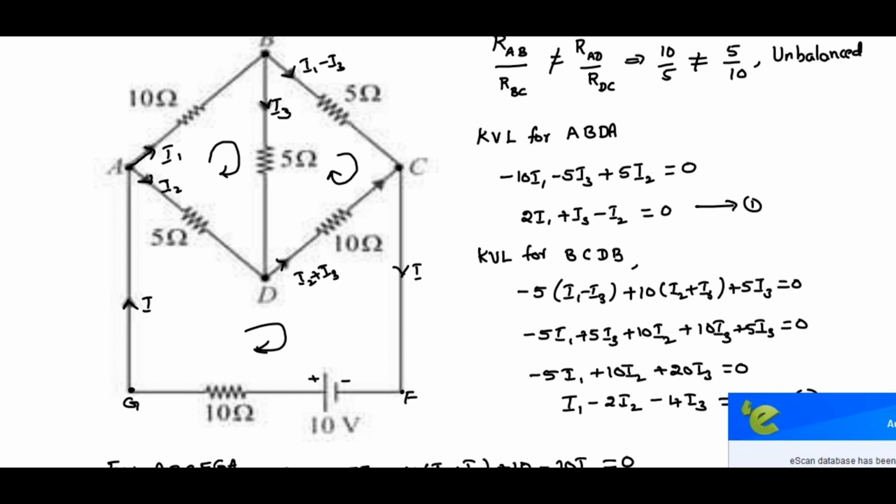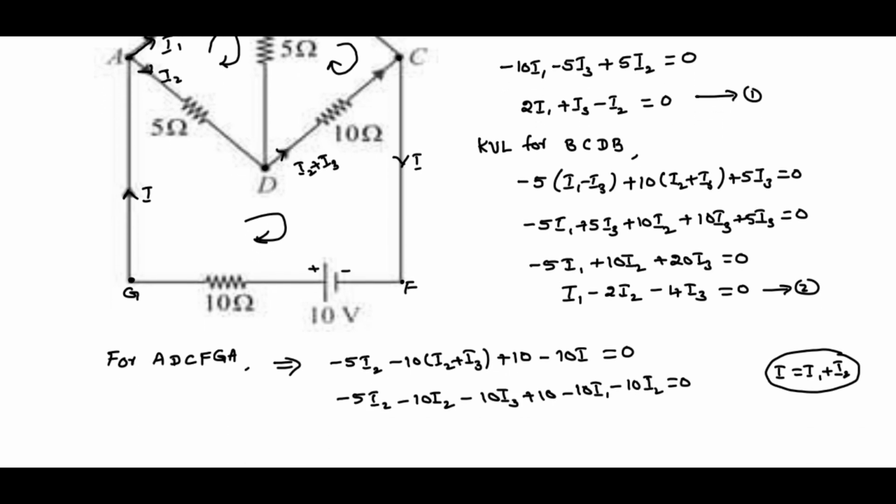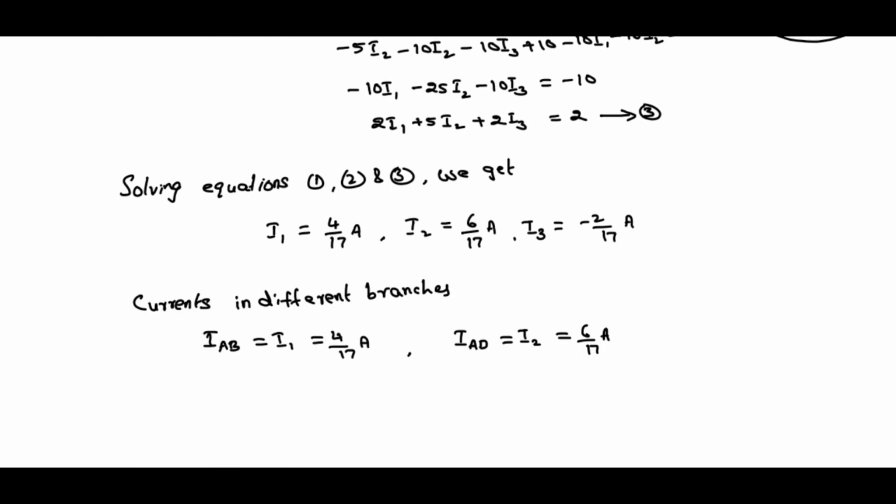But while coming to current through BC, current through DC, it is the combination of I1, I3 here, I2, I3. So we can write current through BD is equal to I3, that is nothing but minus 2 by 17 ampere.